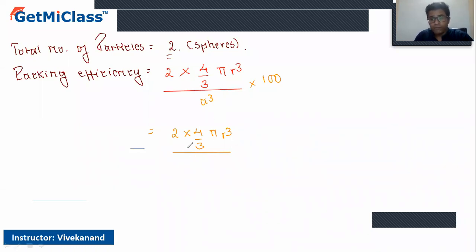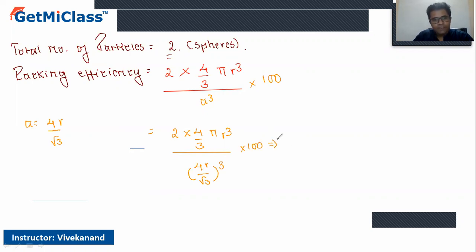The value of a, which we have already taken into consideration, is a equal to 4r by root of 3. So it is going to be 4r by root of 3 cube, into 100.